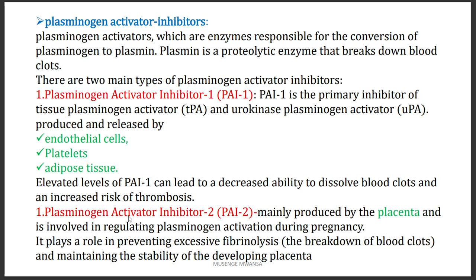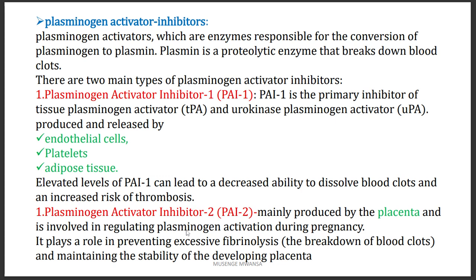What of the plasminogen activator inhibitor 2? Where is it going to be produced, or what is its work? So this second one is mainly produced by the placenta and is involved in regulating plasminogen activation during pregnancy. Imagine maybe the blood of the baby starts clotting, or the mother is hurt.